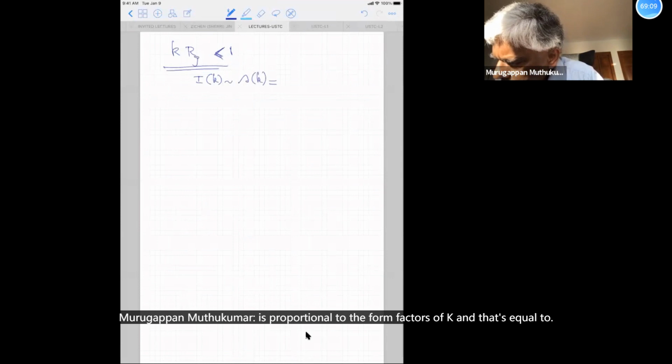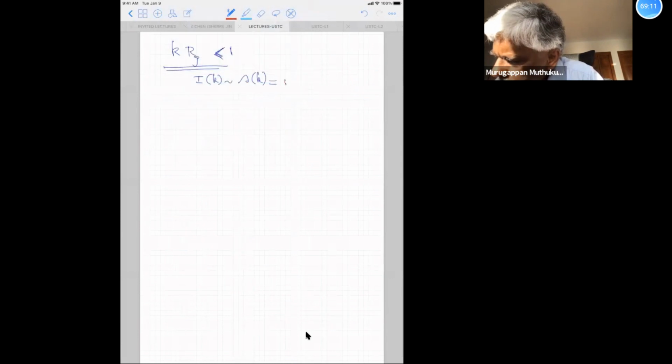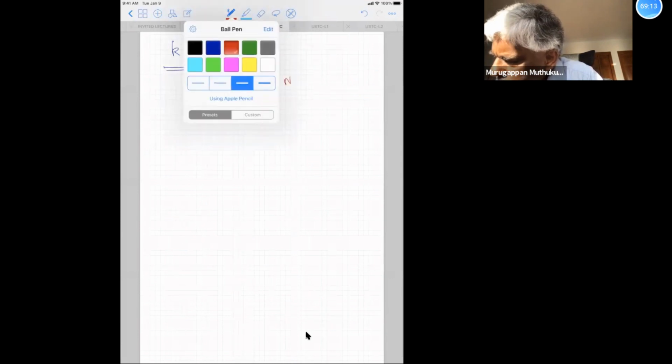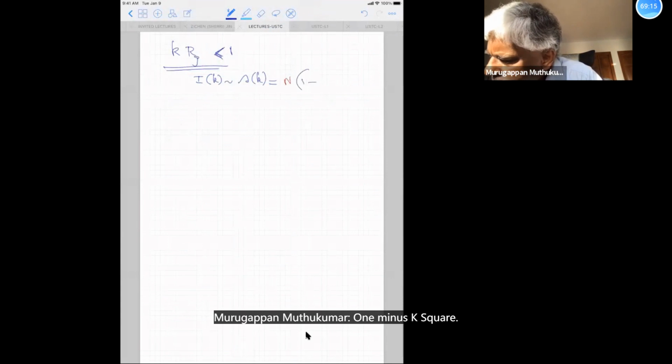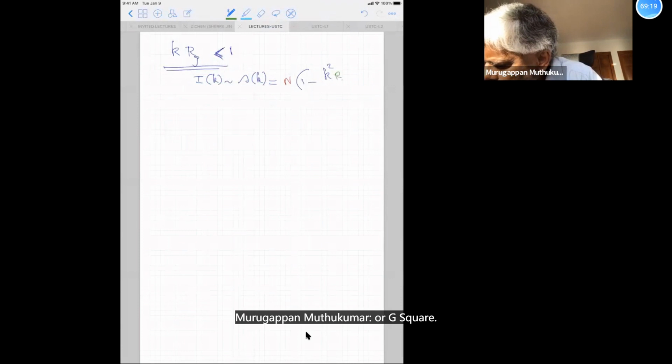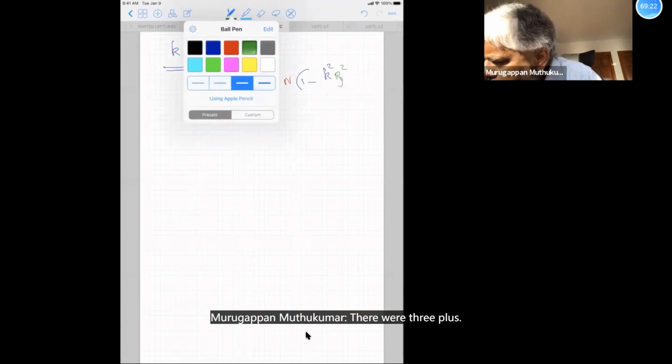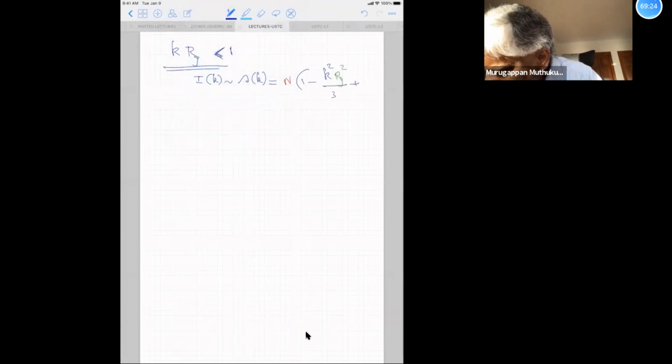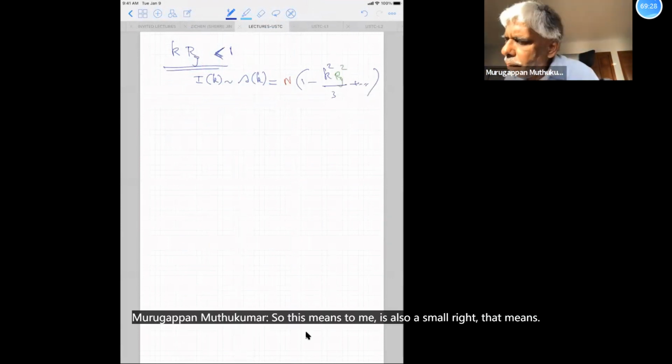that's equal to n times 1 minus k squared Rg squared divided by 3 plus etc. True in general. So this means, and it's also small, all right?